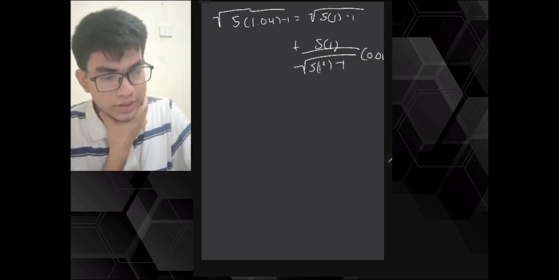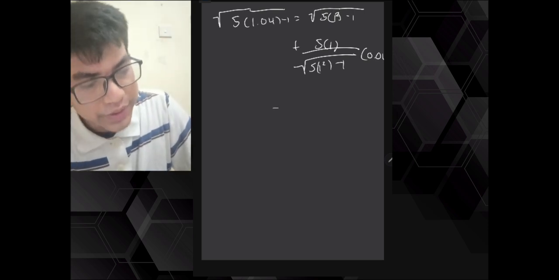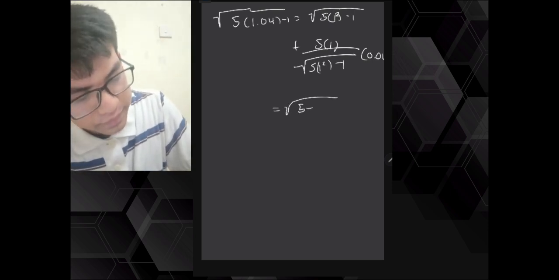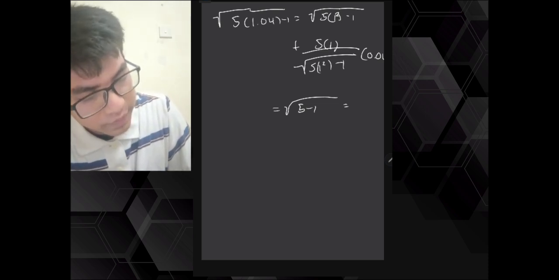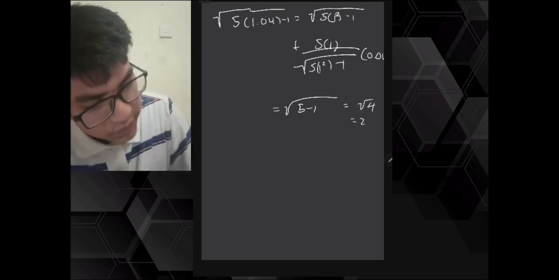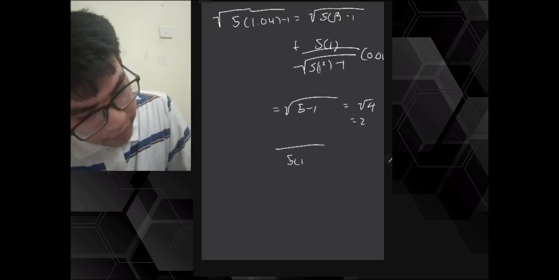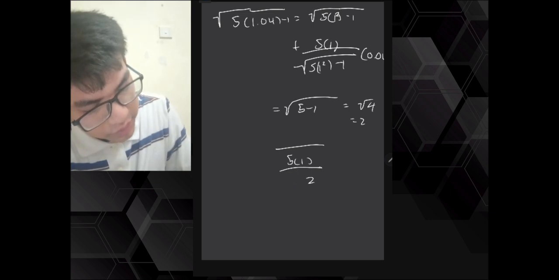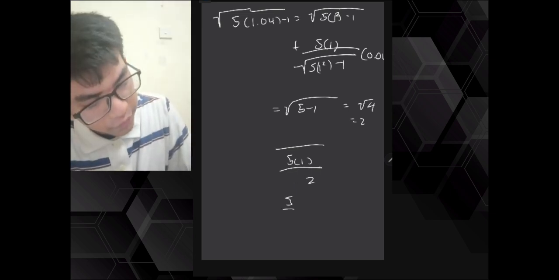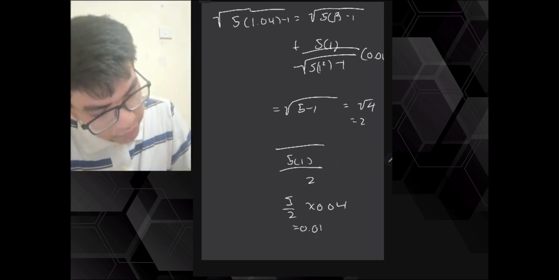So we can see here the 5 times 1 squared is 5, 5 minus 1 equals 4, square root of 4, which is 2. Now the bottom one we will do now. 5 times 1 is 5 over the square root of 5 squared minus 1, which is the same after that, which is 2. So 5 over 2. 5 over 2 when times by 0.04, we will get 0.1.